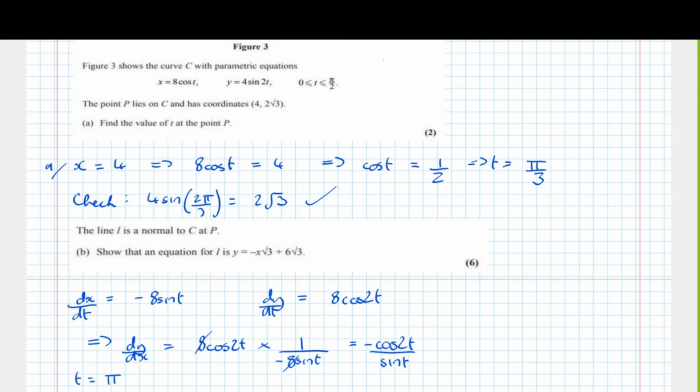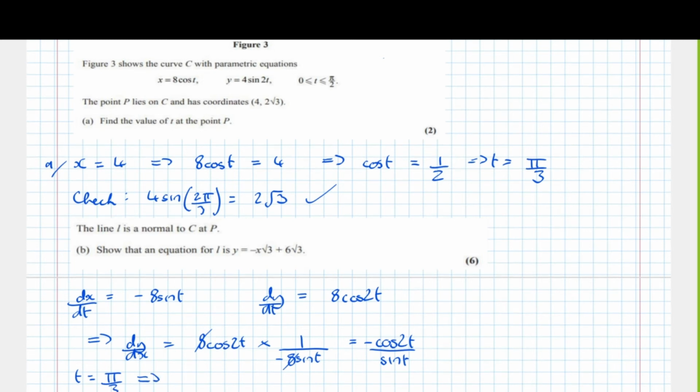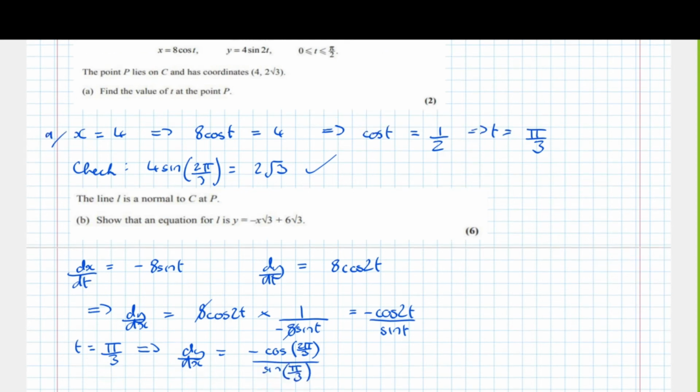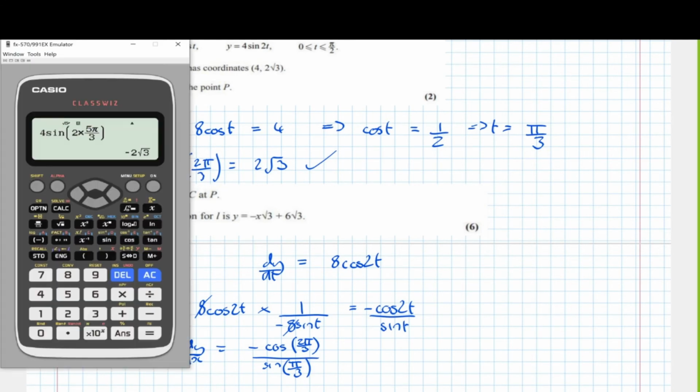which when t equals pi over 3 gives dy by dx equal to minus cos of 2 pi over 3 divided by sine of pi over 3, which is equal to root 3 over 3.